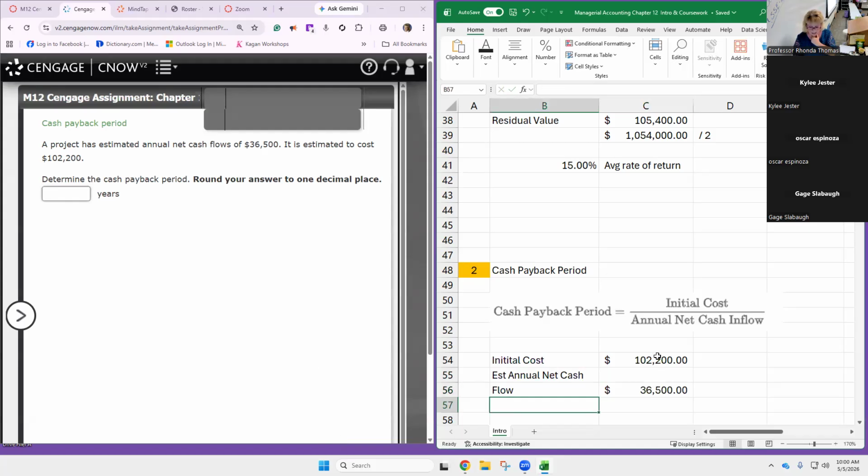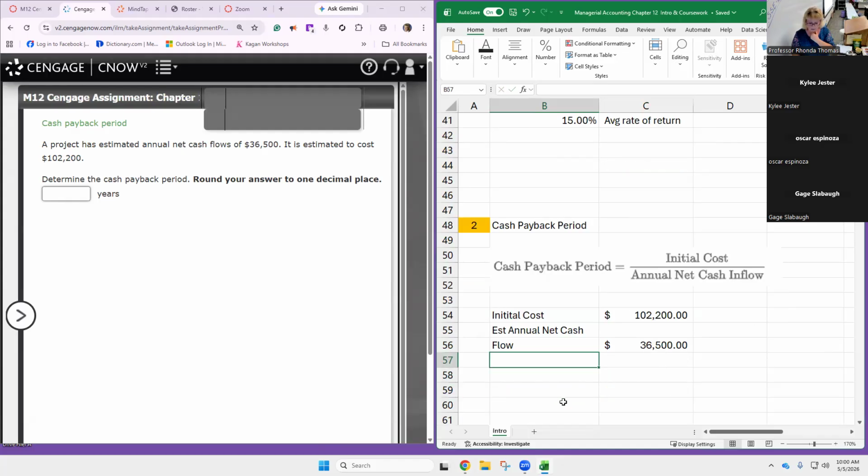So I've got this set up as the numerator and the denominator, and this is the number of years. So this is a payback period. How many years is it going to take for us to recuperate the cost, and then we'll be making a return on our investment after that?